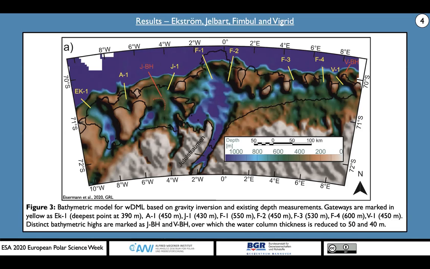Regarding the topography, we can observe deep troughs that extend parallel to the main ice flow direction and which are interbedded by small bathymetric highs in between, which can be seen here and here. And also we can observe bathymetric sills close to the current continental shelf and the current calving fronts. These sills are only interrupted by a series of distinct narrow gateways.